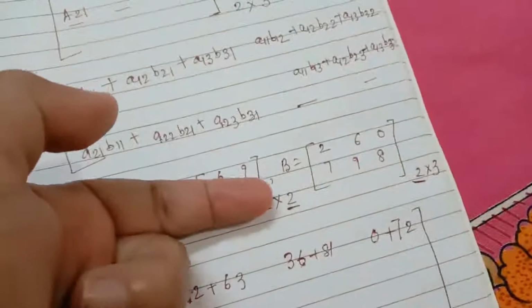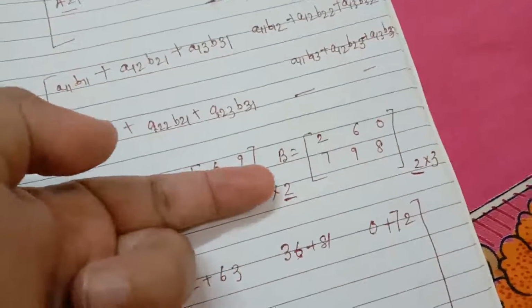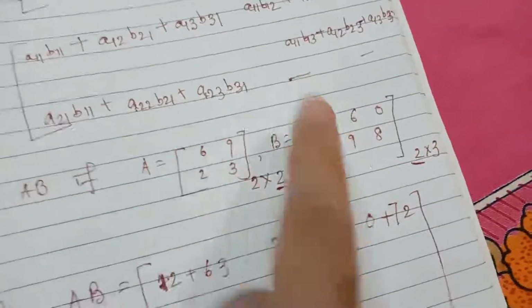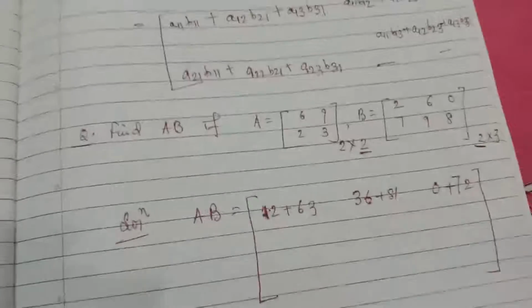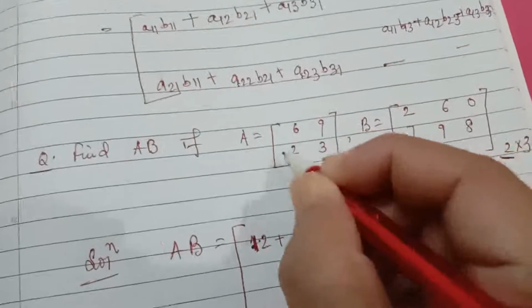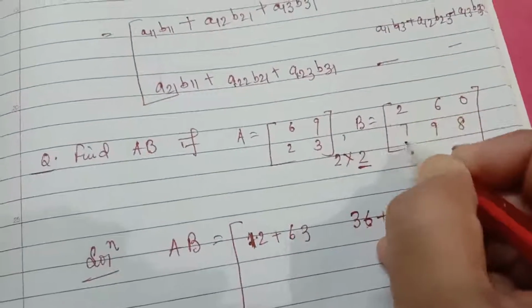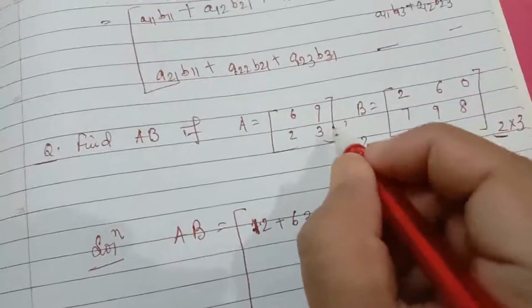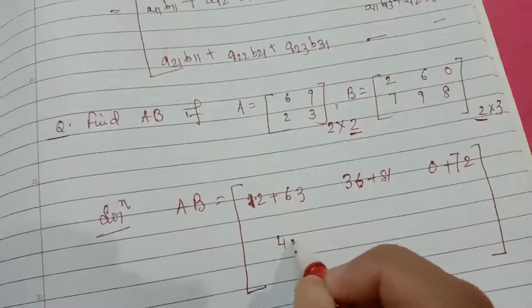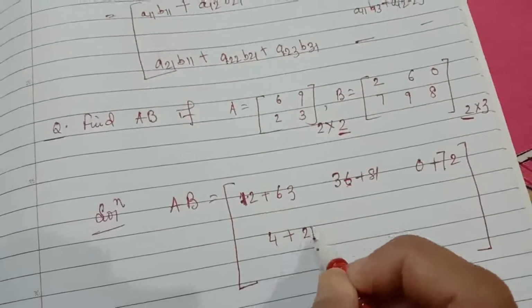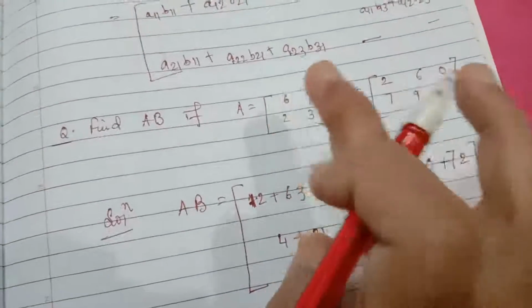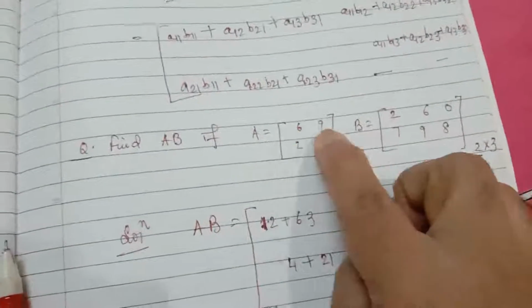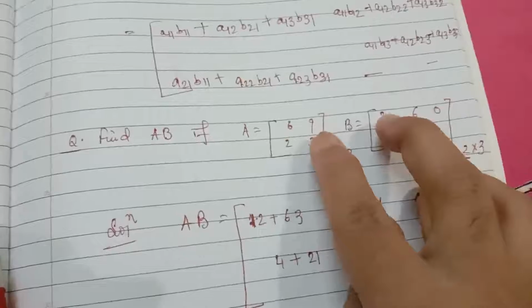Now we have to start with the second row into the first column. The second row is 2, 3, the first column is 2, 7: 2 into 2, 4, plus 3 into 7, 21. Second row into first column, 4 plus 21.